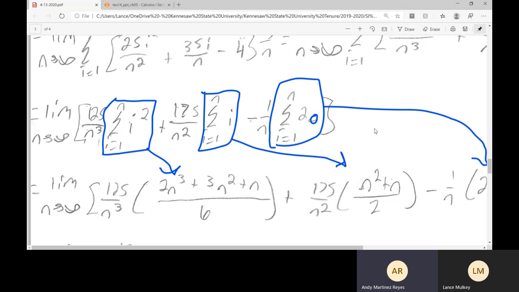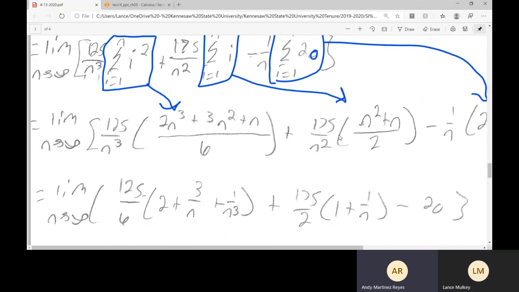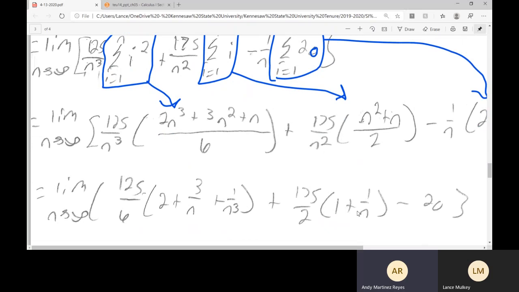And then that is 20, minus 20. Yep. And then that's 125 over 6. That turns into 125 times 2 plus 3 over n plus 1 over n squared.